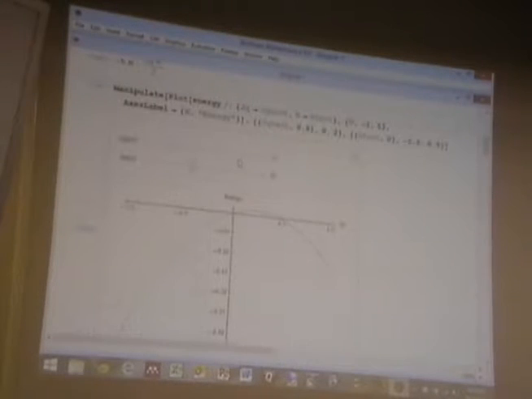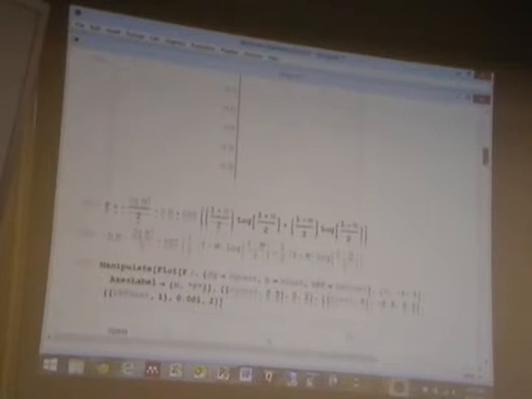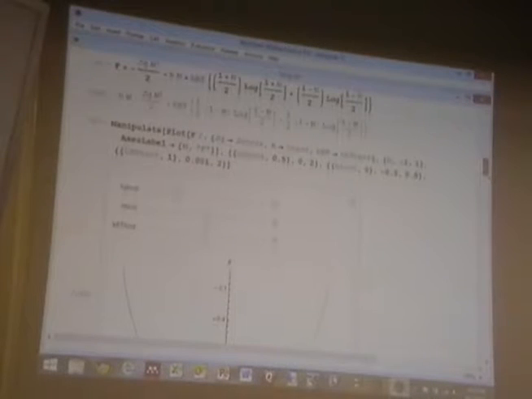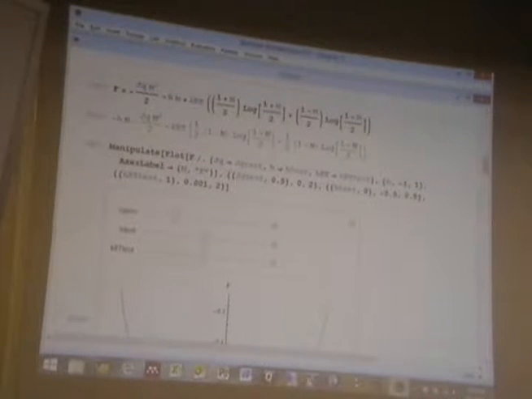So let's combine them into the free energy here. You recognize the expression for the free energy that I tried to work out over there. And now let's plot that as a function of m.